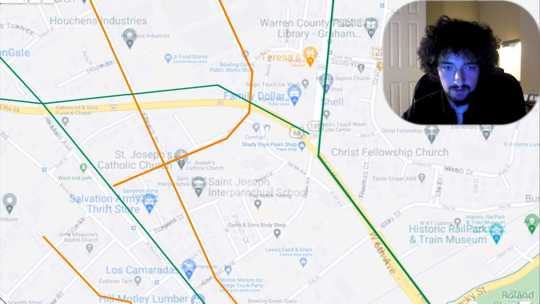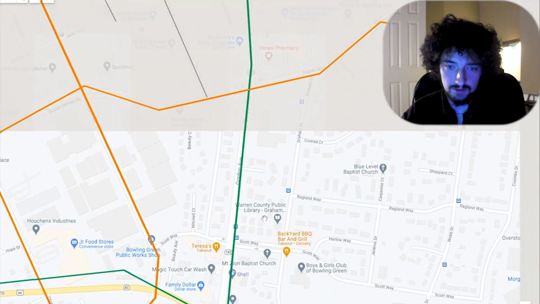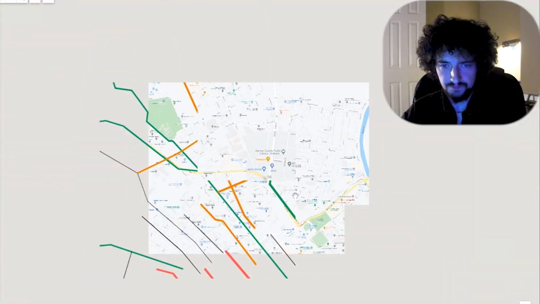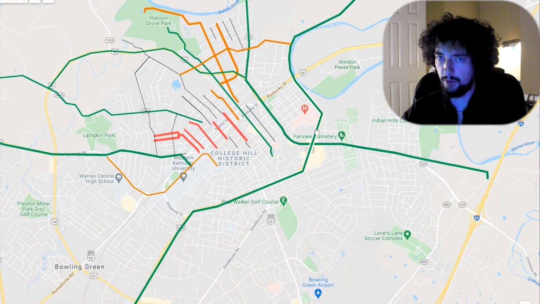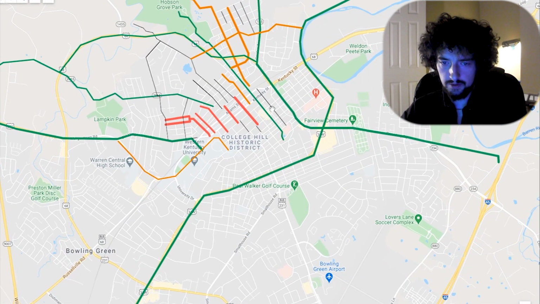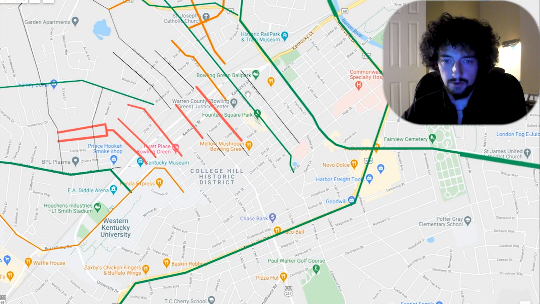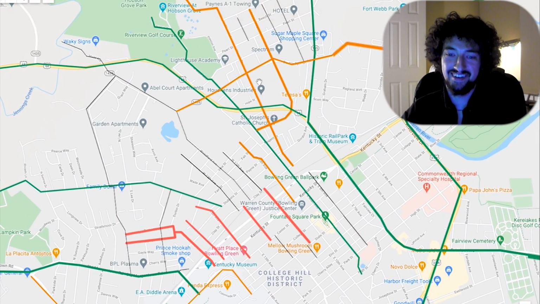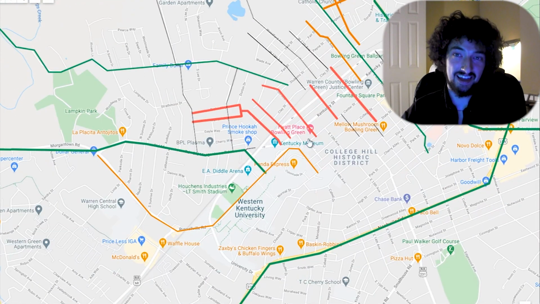It merges into Highway 68 and Gordon Avenue. This is far east Bowling Green. There's no other road except for 6th Avenue that actually goes across the railroad and doesn't just end immediately like it does as you get closer to WKU.